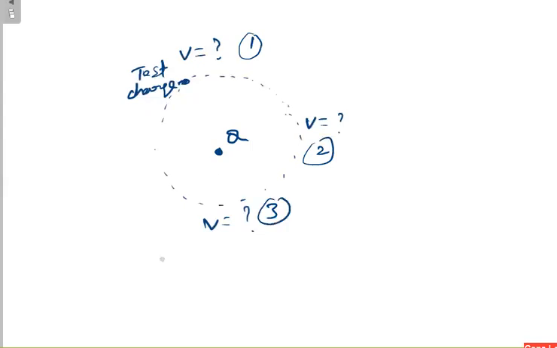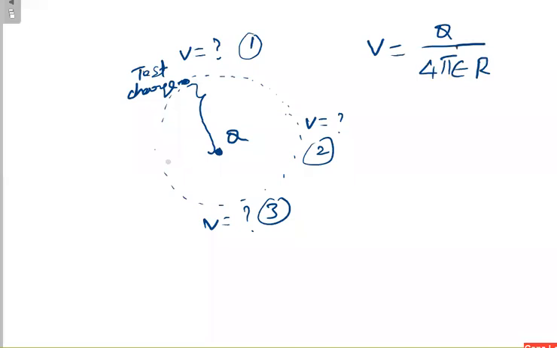In the morning we have seen, if your R, the distance between the source and your observation point, is not changing, definitely your potential will not vary, because the potential at any point due to a point charge is equal to Q divided by 4 pi epsilon R. Your radius is the same.